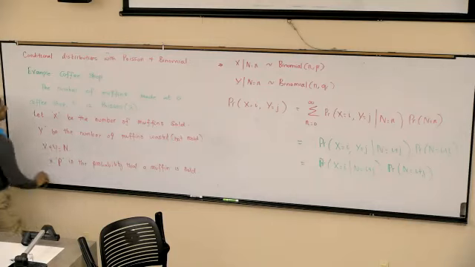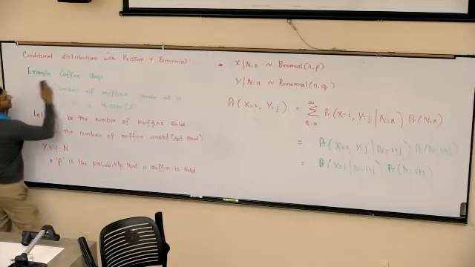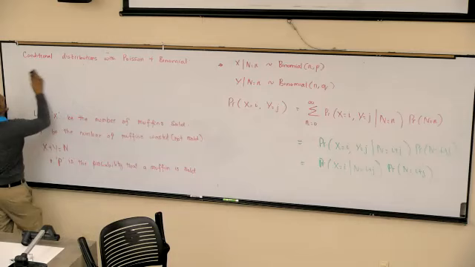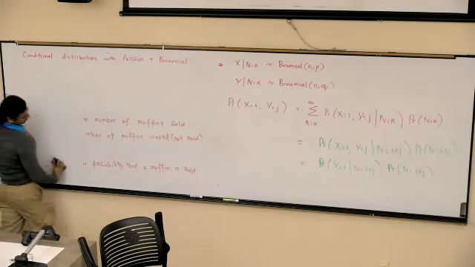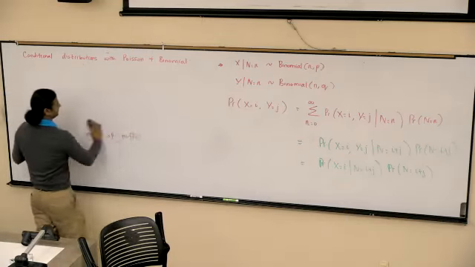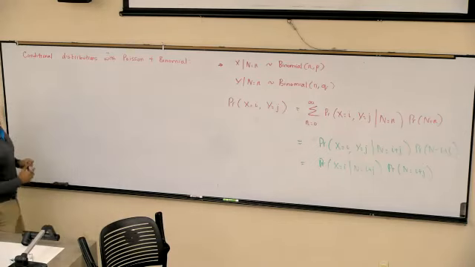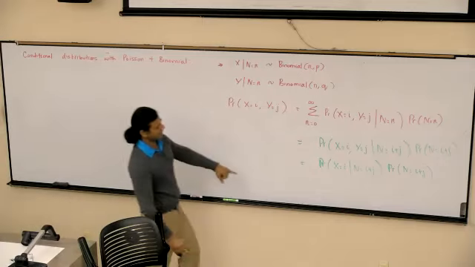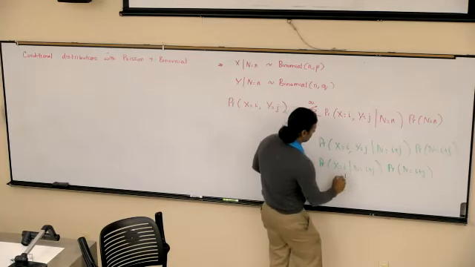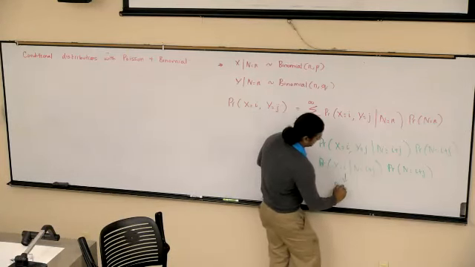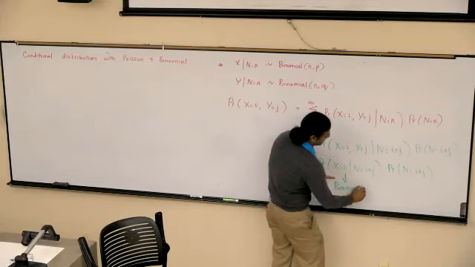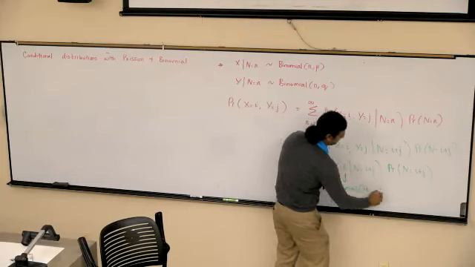Okay, so I'm going to erase this side. N is Poisson lambda, n is x plus y, and p is the probability of success. X given n equals n is binomial, so that part is binomial n equals i plus j, comma p. Yes?